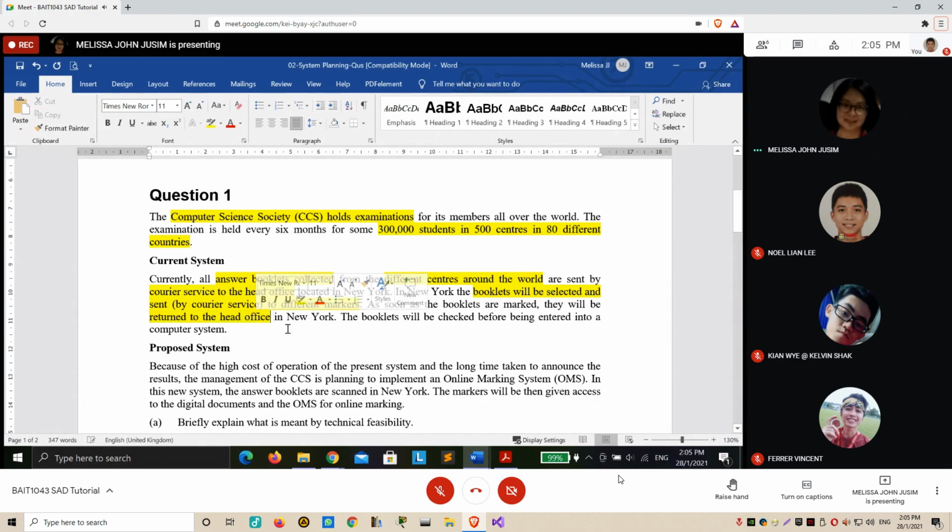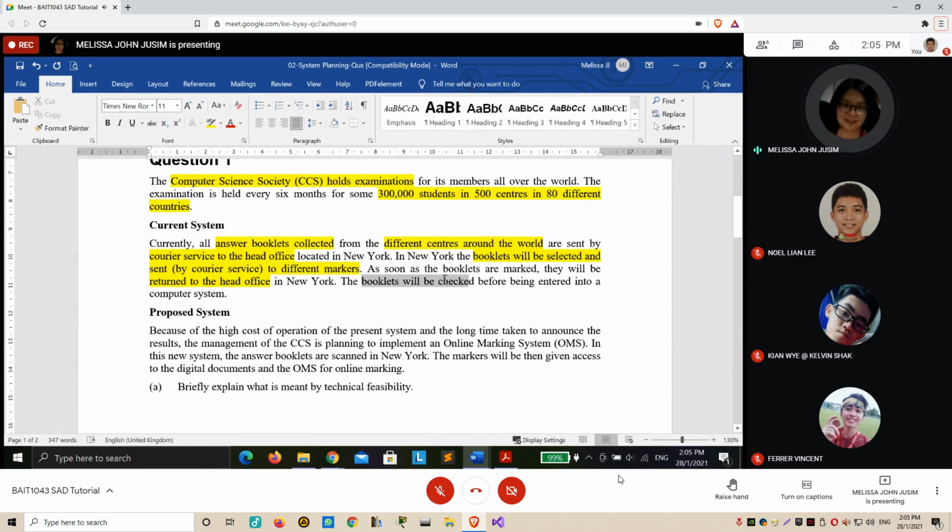Wow, I can see that the courier charges are quite expensive here. And afterwards, in the head office, they will check the booklets and enter the marks into the system. So definitely there's a problem with this traditional system.